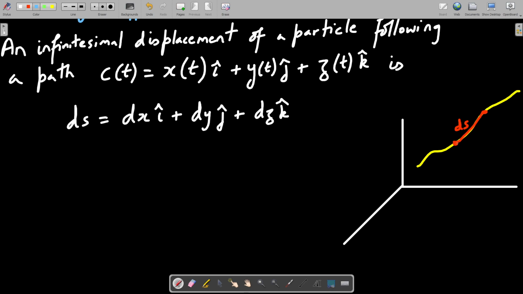So how do I measure this thing? First I'll have to drop perpendiculars as such, but instead of doing that, see from here to here, this is the change in x. Agreed? And this is x.